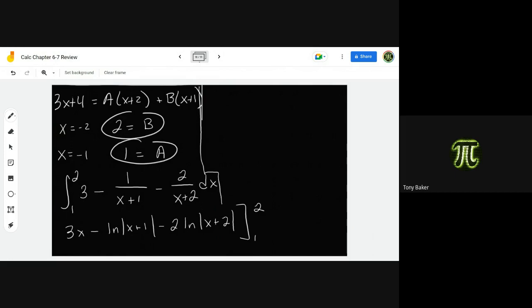So if I plug in 2, I get 6 minus ln of 3 minus 2 ln of 4, minus, 3 minus ln of 2 minus 2 ln of 3.